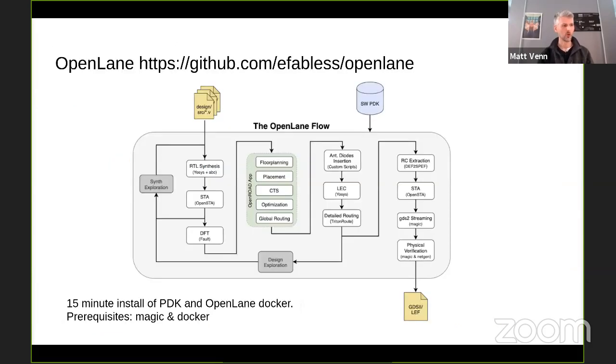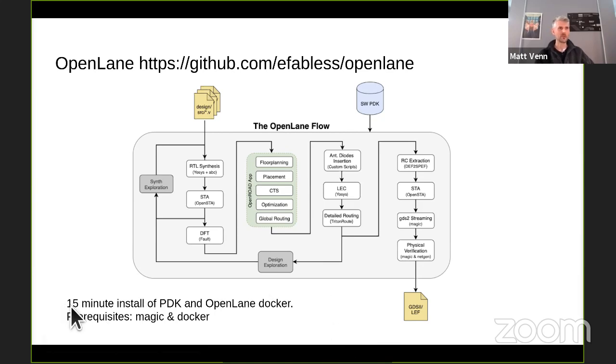Okay, so we got on to OpenLane. You can check out and download OpenLane from this GitHub link. It takes in design files and then spits out GDS2 files with very, very little intermediary messing around that you need to do.